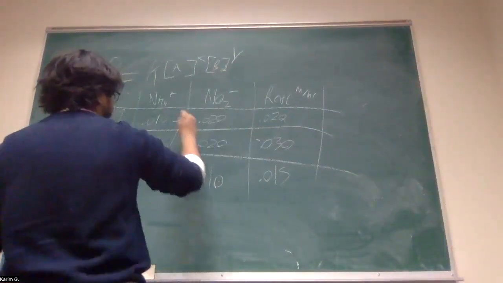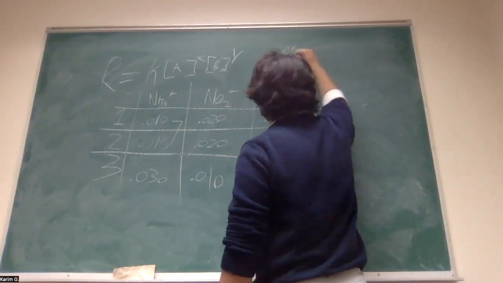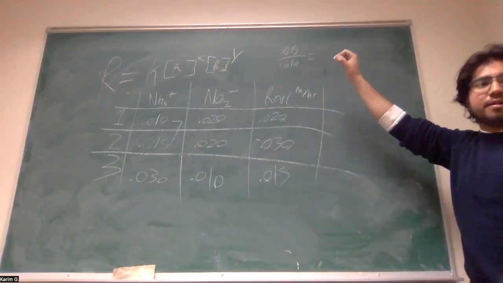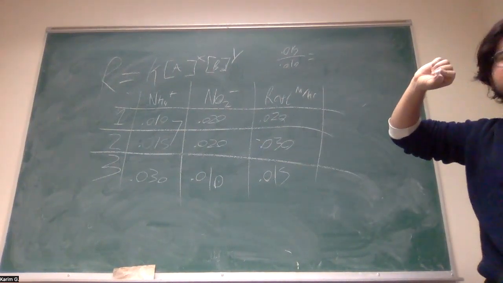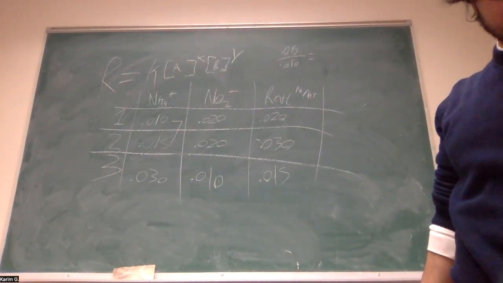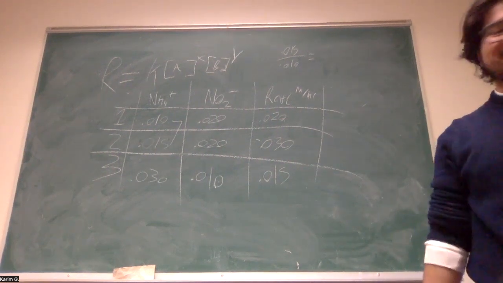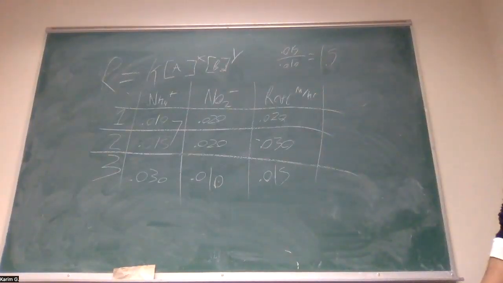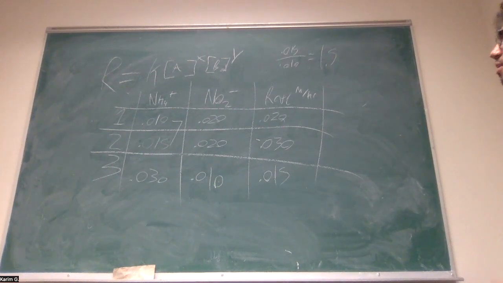So then it'll be 0.015 over 0.010. Gives you what? 1.5, right?